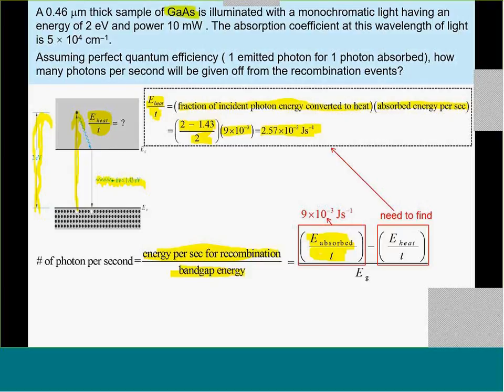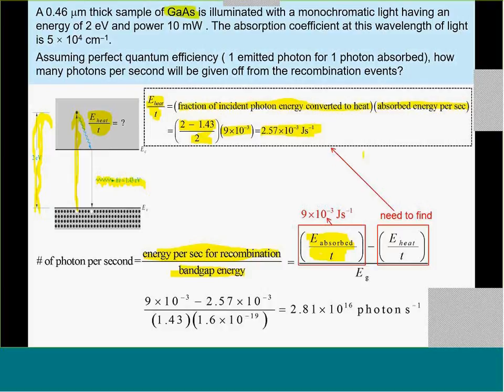We divide by the incident photon energy so that we have it as a fraction, because we know the amount of energy that has been absorbed is 9 milliwatt. We would like to know how much of the 9 milliwatt that has been absorbed is lost as heat. So we just plug in everything.